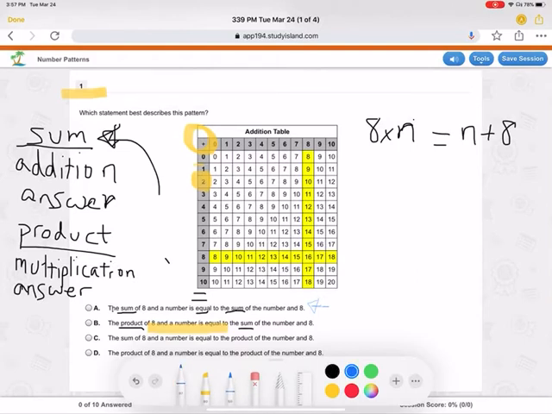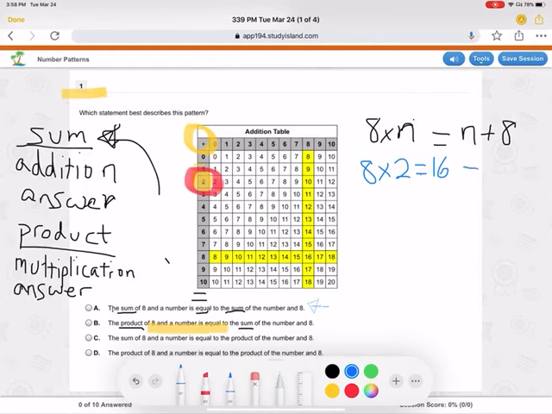So, best color. I'm going to go 8 times, and let's go with 2 again. I'm circling in a different color, make it look more interesting. So 8 times 2. What does 8 times 2 equal? I'm fairly certain it equals 16.